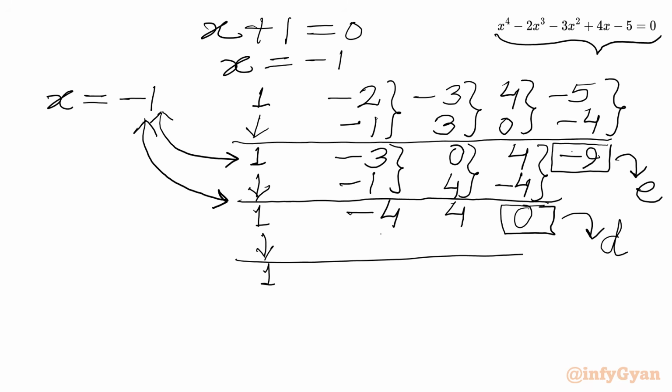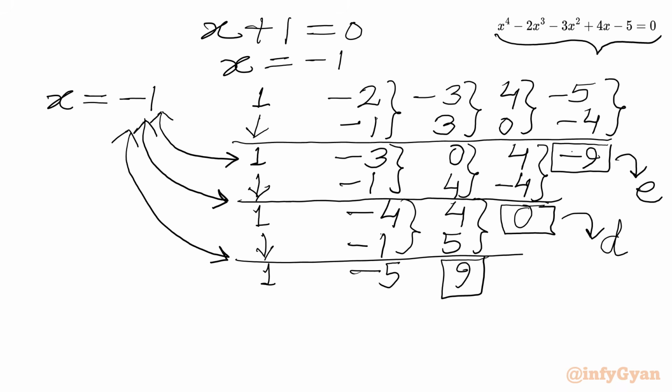Again, we will follow the same steps. 1 would be as it is. We have to multiply minus 1 with leading coefficient 1. Minus 1 times 1 becomes minus 1. By adding these two, we will get minus 5. Minus 1 times minus 5 is 5. 4 plus 5 is 9, and 9 is c. Again, we will follow the same steps.